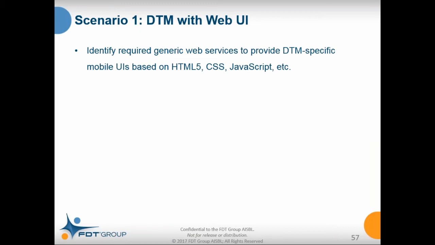Okay, now status of prototyping. So what have we done so far? For the prototyping, we were looking at two scenarios specifically, and we set up some goals that we want to achieve. The first one is this DTM with web UI for device configuration, basically.